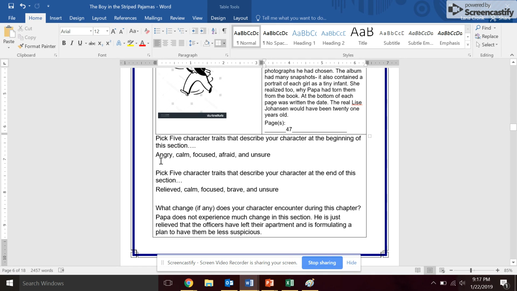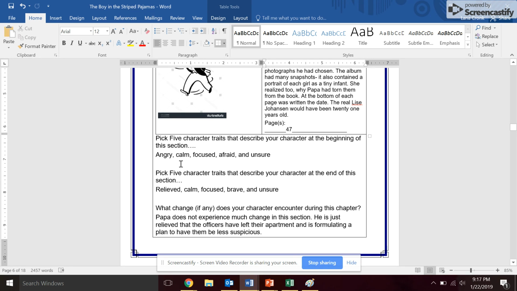The first thing it asked me is to pick 5 character traits that describe your character at the beginning of the section. So Father is really angry when we find out how his older daughter died, and he's very angry because there's some inferencing that maybe she died in an unfair way. However, when the Nazi officers bust through the door, he's very calm. He doesn't yell at them.